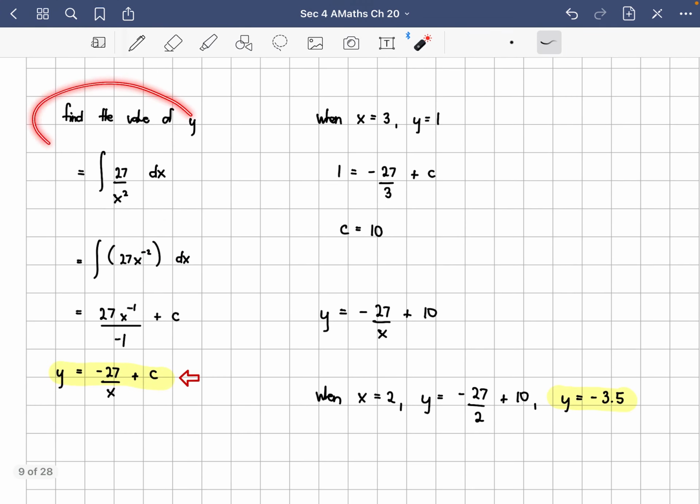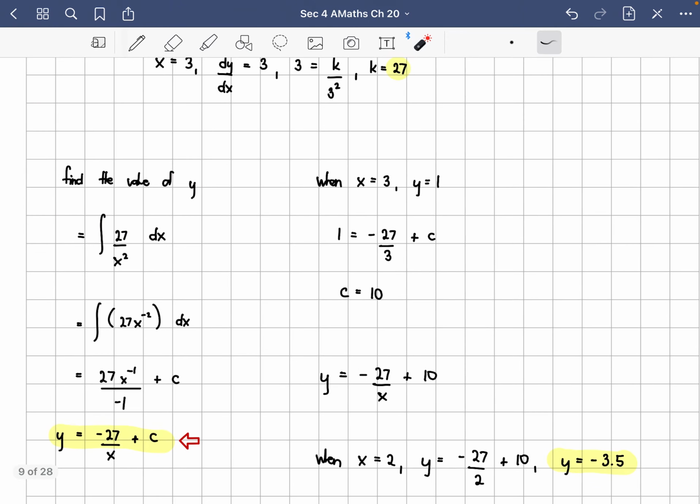Now let's find the value of y or the equation of y. Getting the antiderivative of 27 over x squared, we need to rewrite this because we don't have any quotient rule. So instead of over x squared, it becomes x raised to -2 times 27. So that's our new question. Simplifying this, 27 is set aside.